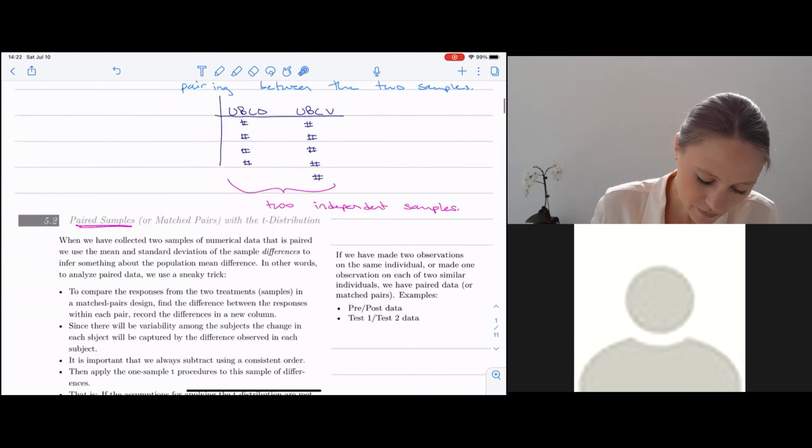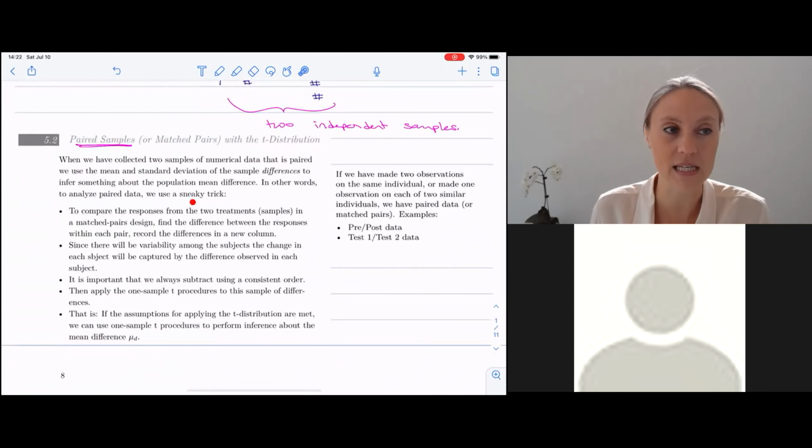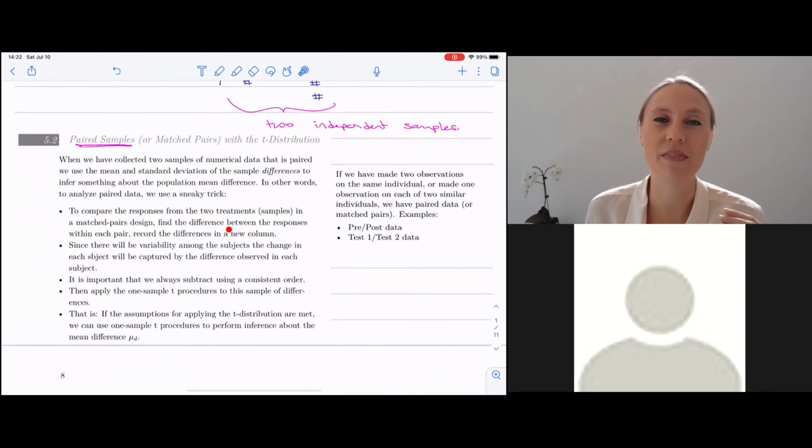I think it's a pretty sneaky trick. It's pretty cool that it works. To compare the responses from the two treatments, the samples in a matched pairs design, we find the differences in the responses within each pair and then record the differences in a new column. So that's what we were just saying.